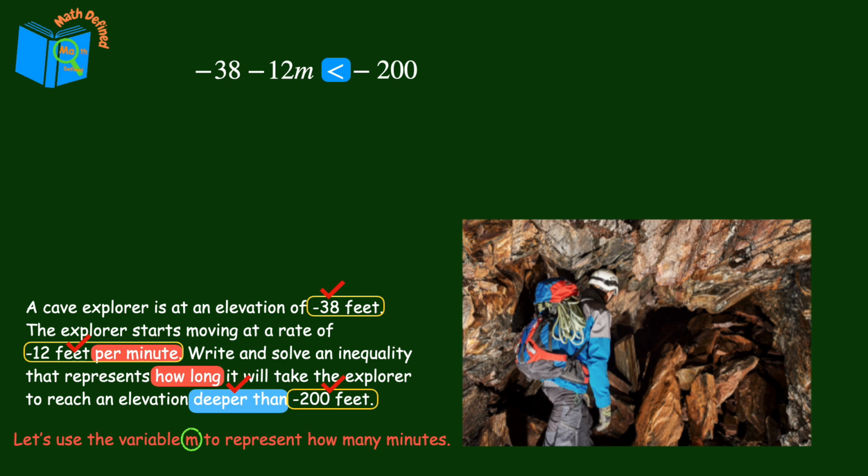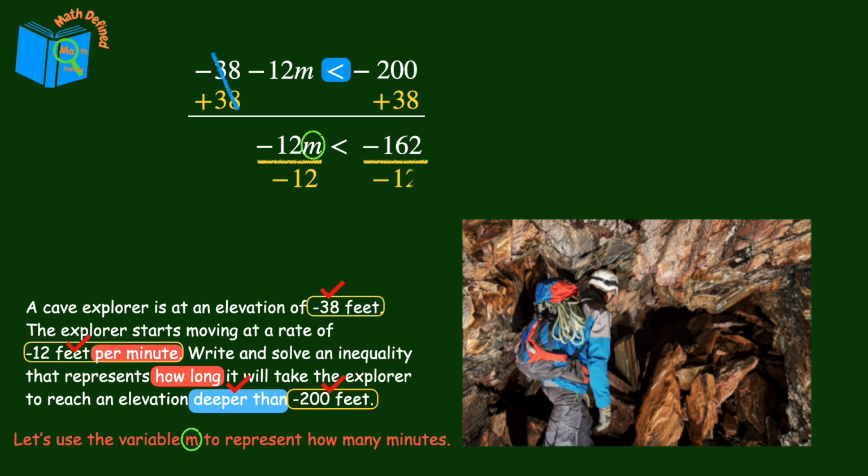Now we're ready to solve. Let's start by adding 38 to both sides. On the left, the 38s cancel out, leaving negative 12m is less than. On the right, negative 200 plus 38 is negative 162. Next, to isolate m, we divide both sides by negative 12. The negative 12s on the left cancel out, leaving m.